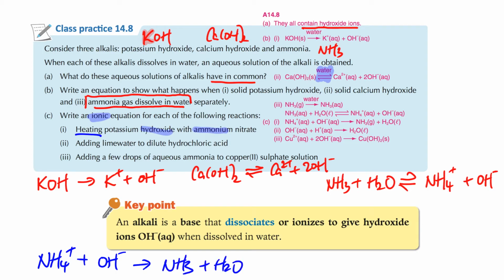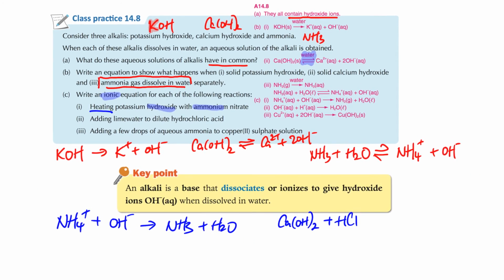And for the second one, lime water, you have to remember lime water is calcium hydroxide. And then we have HCl, but because we are going to write an ionic equation, this one should be OH minus plus H plus to give H2O.